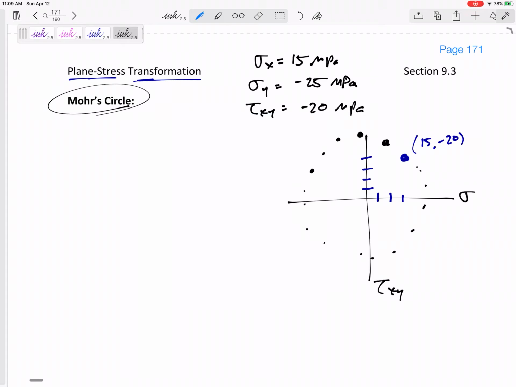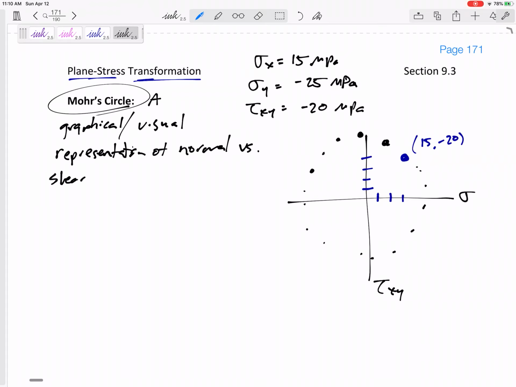That is Mohr's Circle. Mohr's Circle is a graphical or visual representation of normal stress versus shear stress at all orientations.